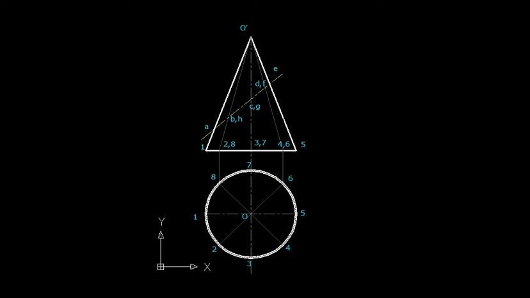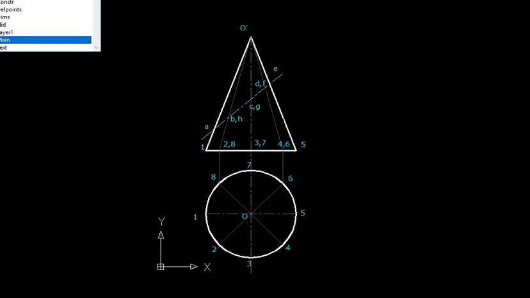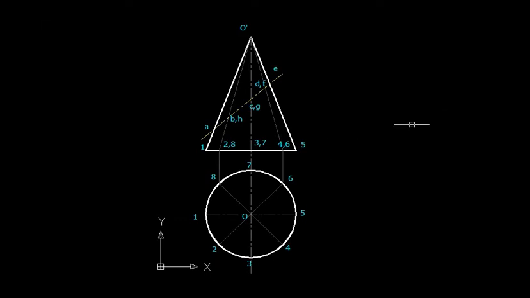Now to draw the development of this thing, you will have to find out the angle of the sector. We have seen in our lecture number 2 how the development of this particular cone looks like.